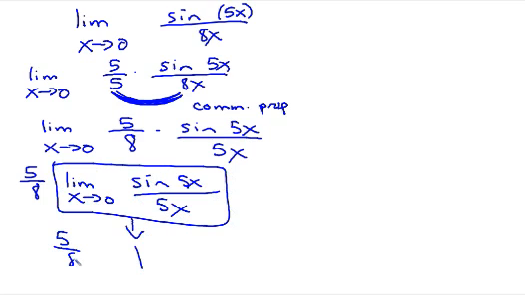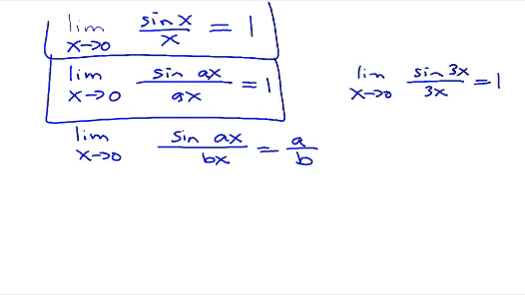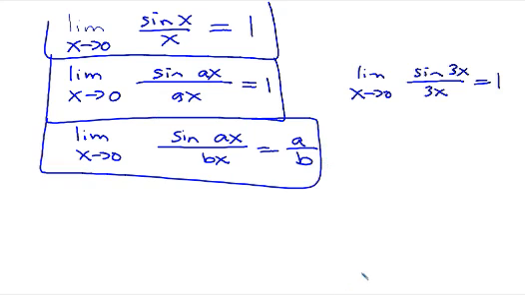So 5/8 times 1 equals 5/8, and we have proven or shown this rule to be true. That shows up in some AP calculus problems, and I wanted to add that in at the end of our lecture today. So hopefully that helps you with topic 1.16 and some issues with sin x over x. We will stop there for today.